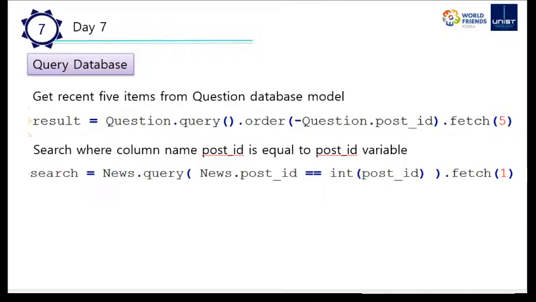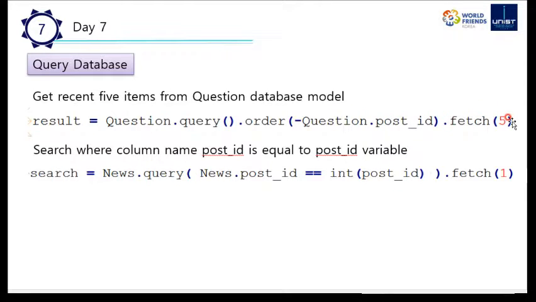After you save a lot of data inside the database, you want to search in the database, to query the database. To do that, first the class name Question dot query parentheses dot order negative Question dot post_id dot fetch.